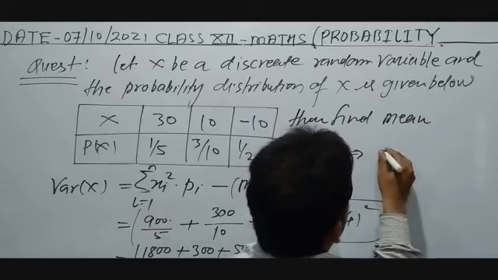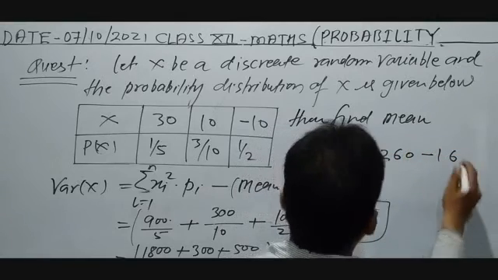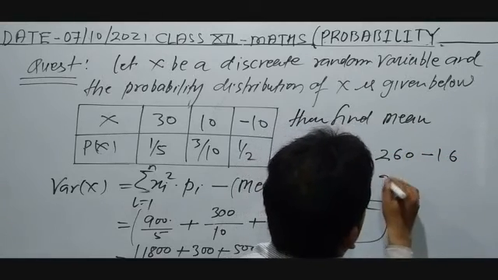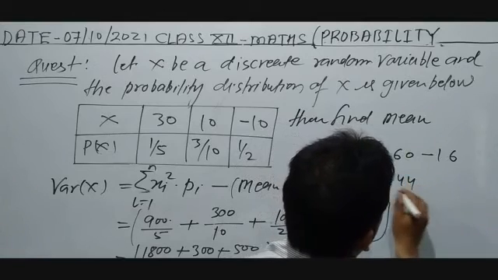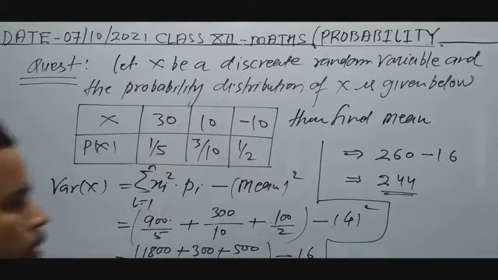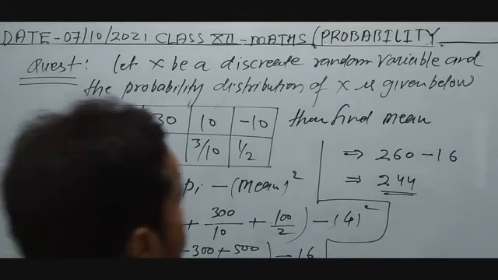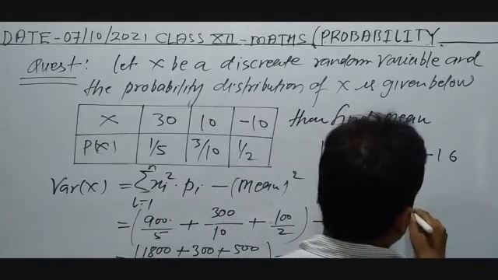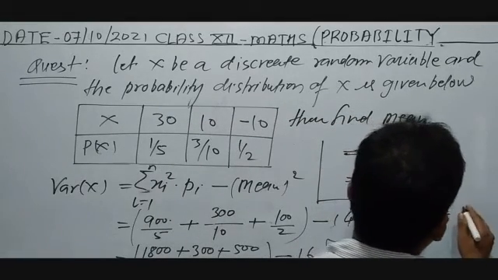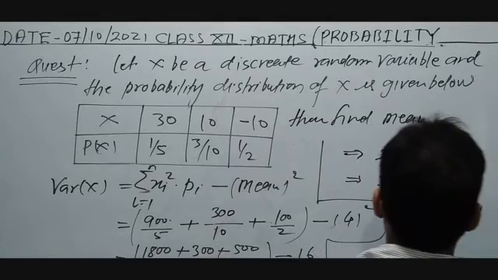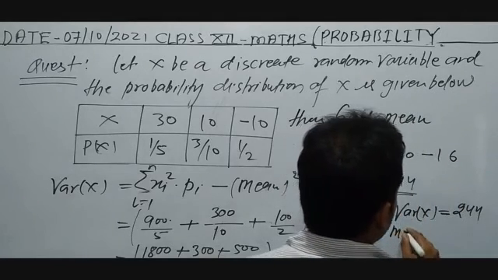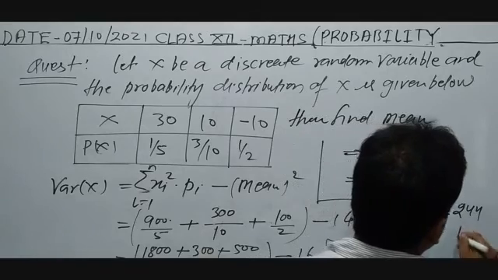This implies the result will be 260 minus 16, which is 244. Now 244 is the variance. So variance of X we can write as 244, and the mean I have calculated is 4.